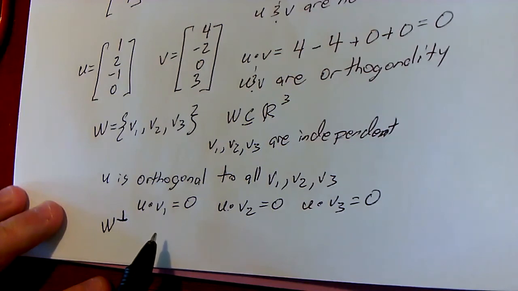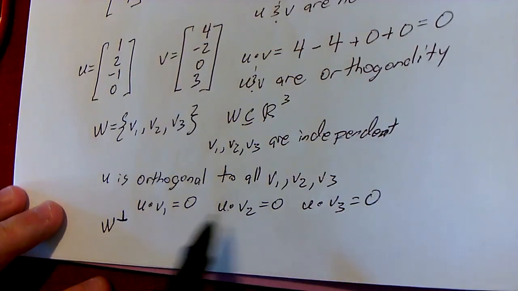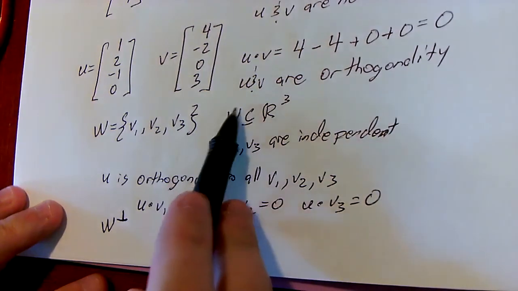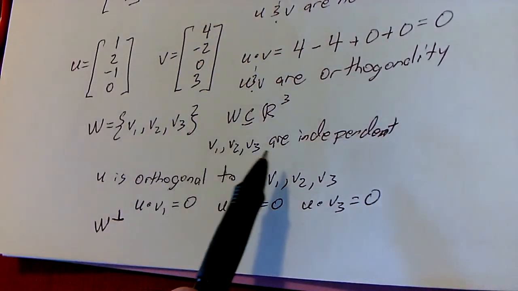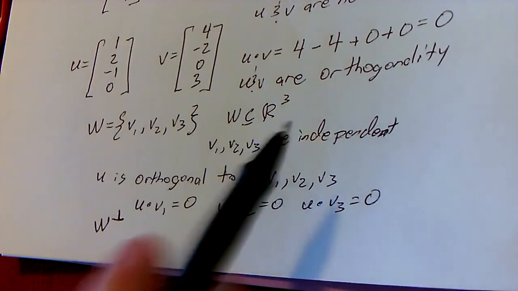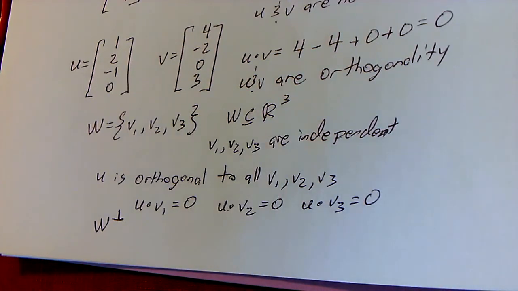Okay, now if you think about R3 and you're going to be orthogonal to all of them, that's actually only going to happen with the 0 vector, because we're covering the whole space. I need some flexibility in order to get other vectors in that space. Okay, so there's a relationship between the column space and the null space with regard to this perpendicular situation.